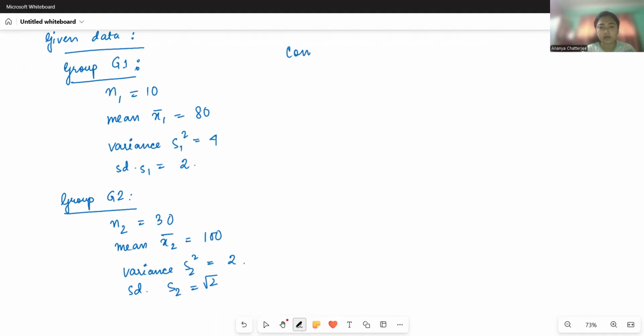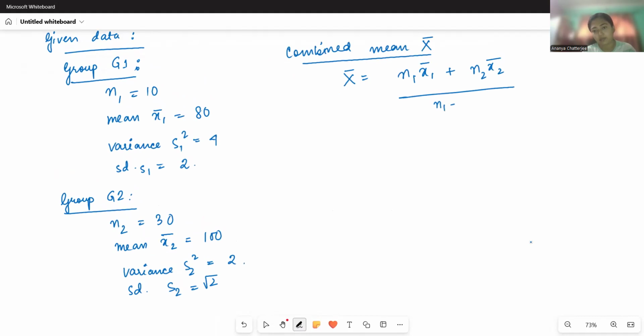Now the combined mean x bar is equal to n1 x1 bar plus n2 x2 bar by n1 plus n2, right?